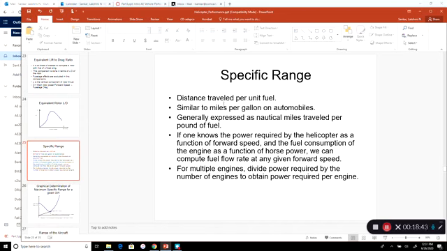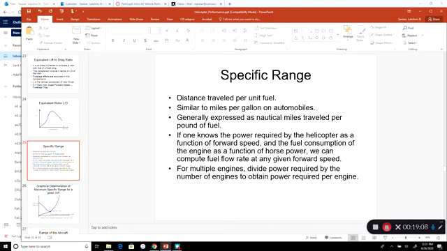Now we are going to look at the range of a helicopter. How far can it travel? It turns out that you first compute something called a specific range. That's the distance traveled per pound of fuel. How many nautical miles can it travel per pound of fuel first? This is called a specific range. Okay?